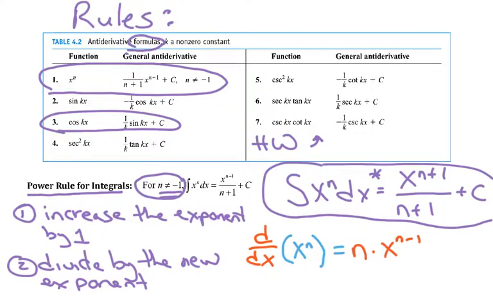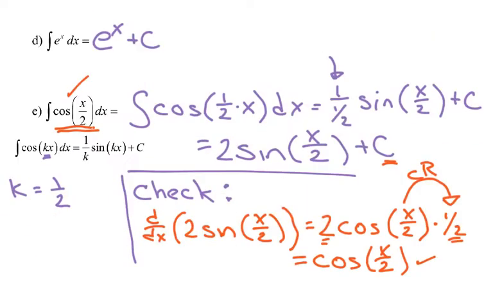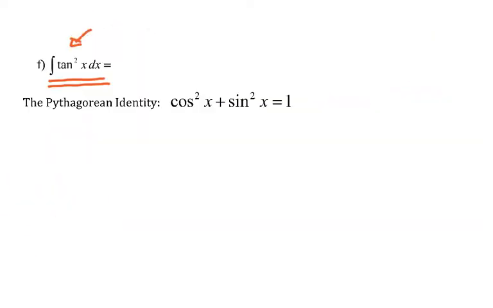I do not see a function and a formula for tangent squared x. So this is important: anytime you see something like this, a trig function squared, ask yourself, can I use the Pythagorean identity?